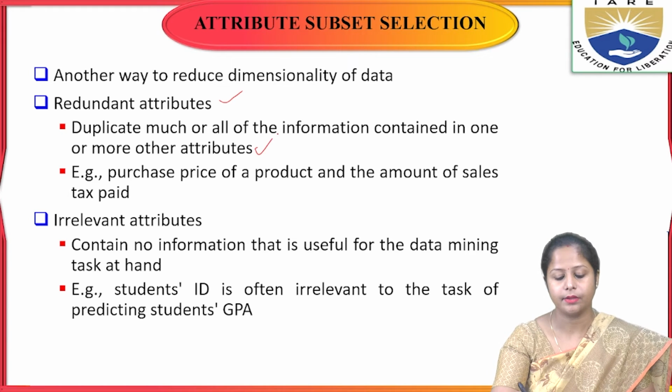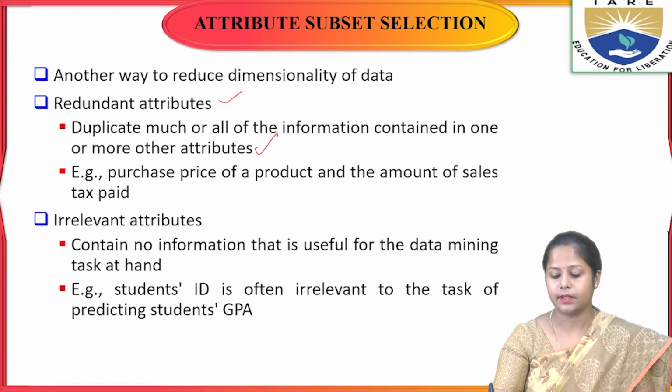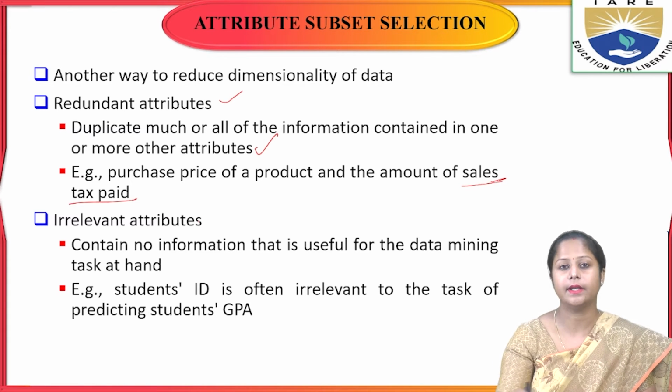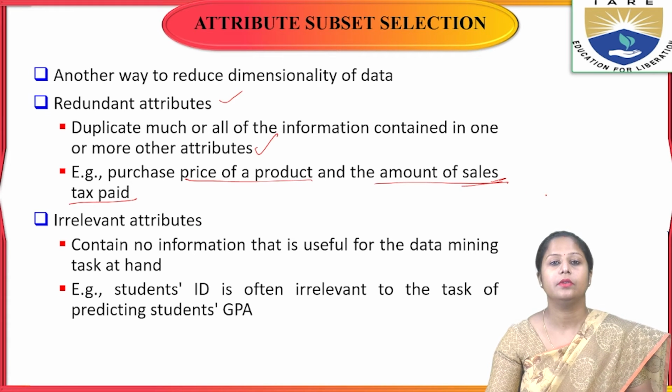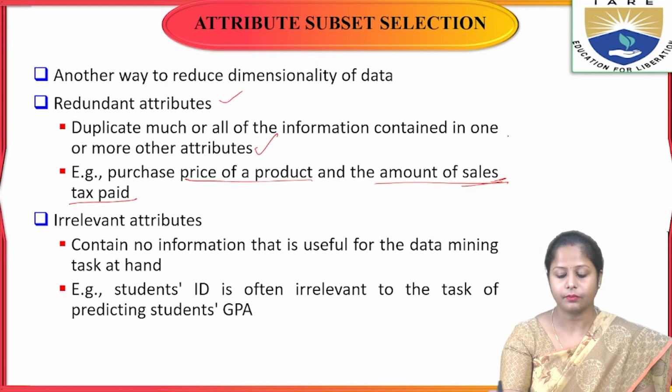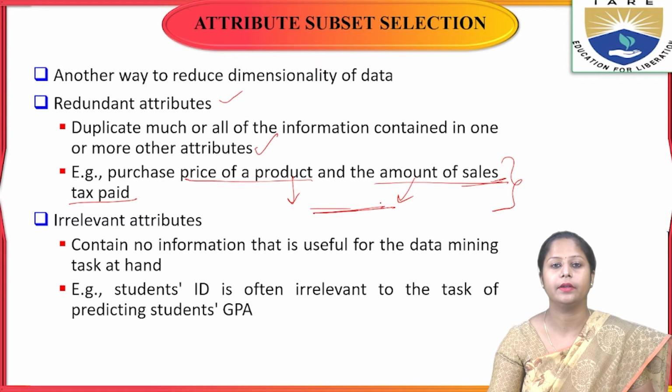For example, the purchase price of a product and the amount of sales tax paid: if both fields carry the same information, then we need to reduce one of them.